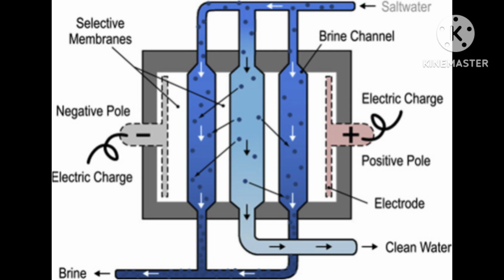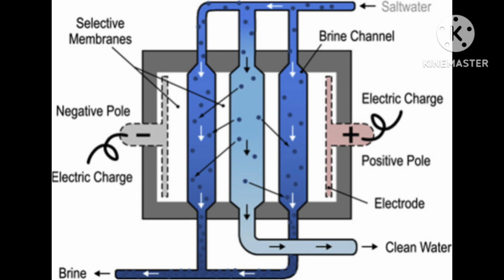Under the influence of the applied EMF, I am talking only about sodium chloride here, the positively charged sodium ion will go to the negatively charged cathode. The anion is negatively charged, it will go to the positively charged anode.